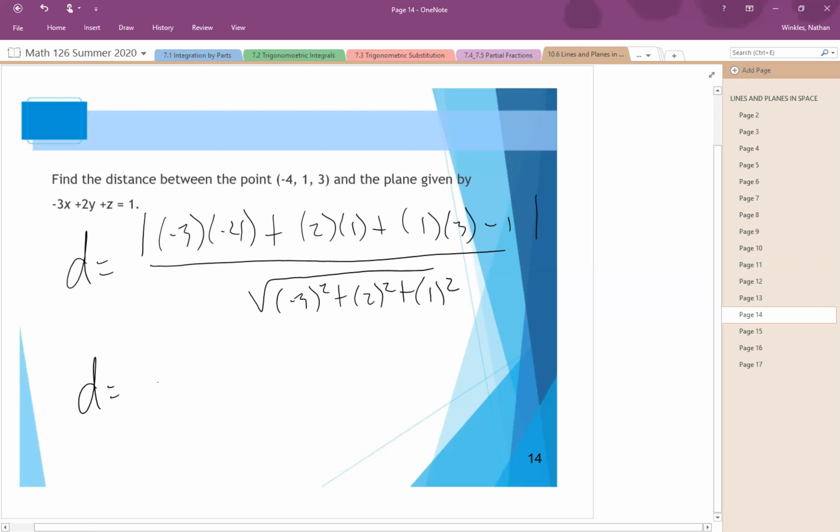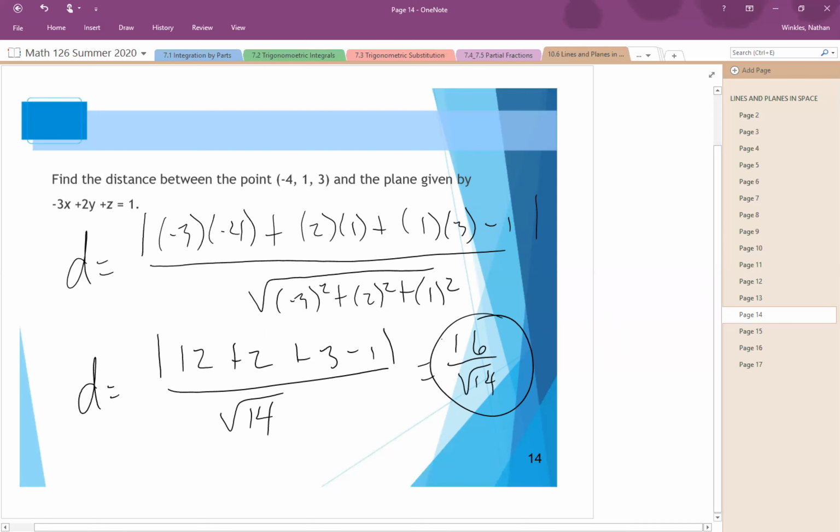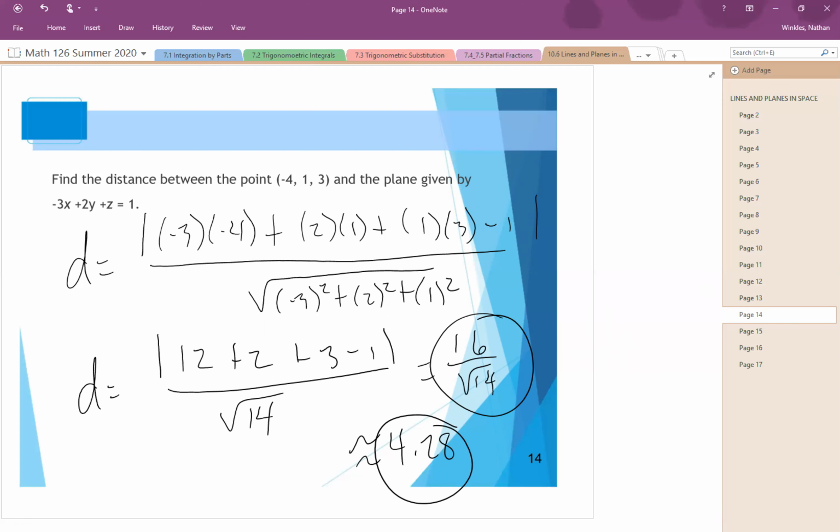So our distance D is equal to the absolute value of 12 plus 2 plus 3 minus 1 all over the square root of 14, which happens to be the exact same answer as the one before, 16 over the square root of 14, which is approximately 4.28. So we just got to make sure that we're going about it the exact same way and that we're able to compute things.